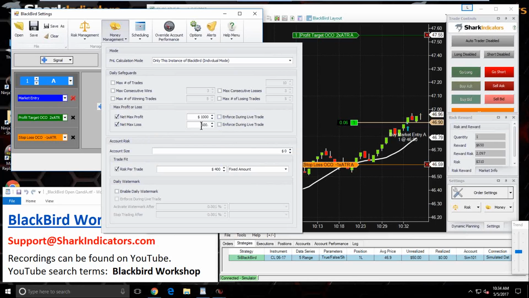That means your net loss for the day would be $1,050, and that would activate this net max loss. So it is possible to lose more than $600. This net max loss just says as soon as $600 is exceeded, BlackBird will stop auto trading for the day. Remember, these apply to auto trading.